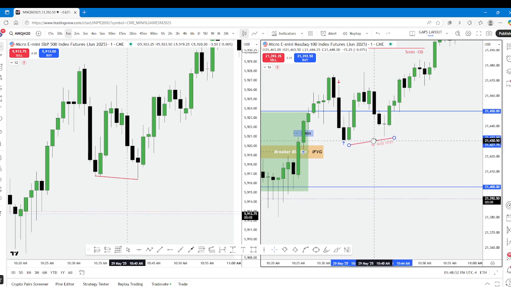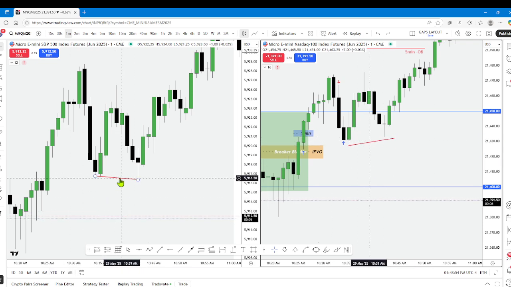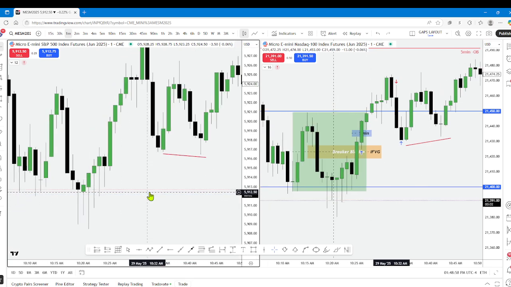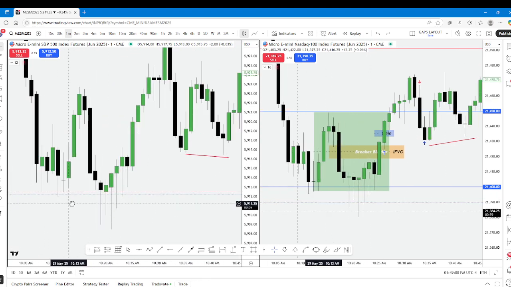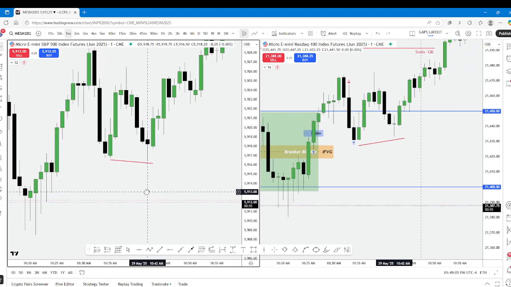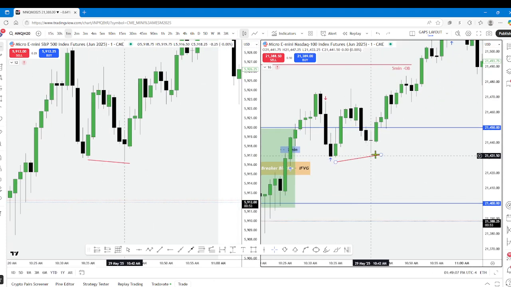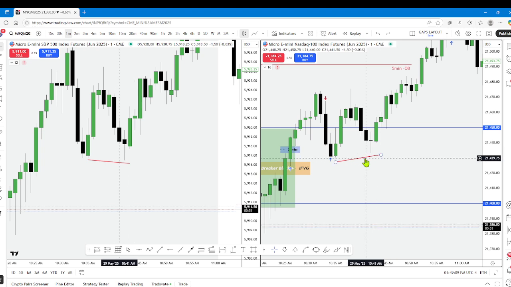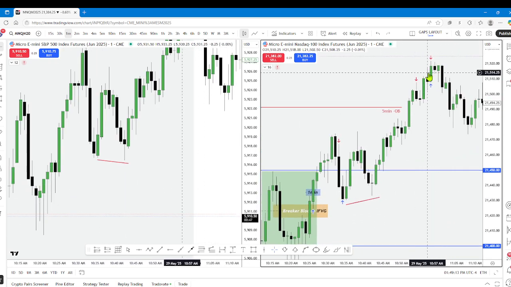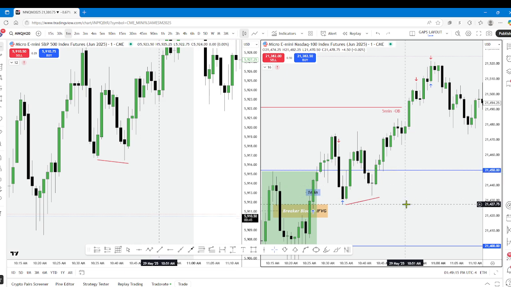They're supposed to be correlated, and we did not have that there. Let's see, is there any other one? I think that was the only one I saw there. Right, so just about that macro, we saw that SMT divergence as well, and was able to catch this run up here. All right, guys.